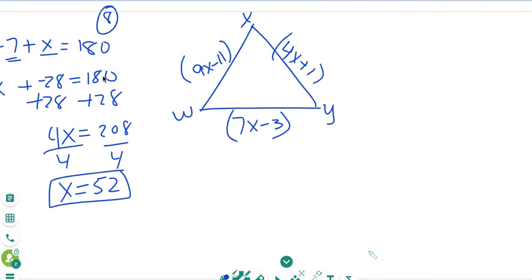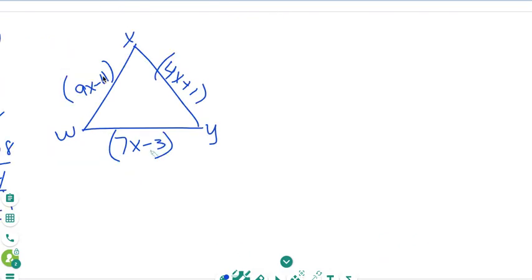Last one, number 8. Again, they're going to give us information for a drawing. We have triangle WXY. Angle X and angle Y are congruent, so we'll go ahead and mark those congruent.